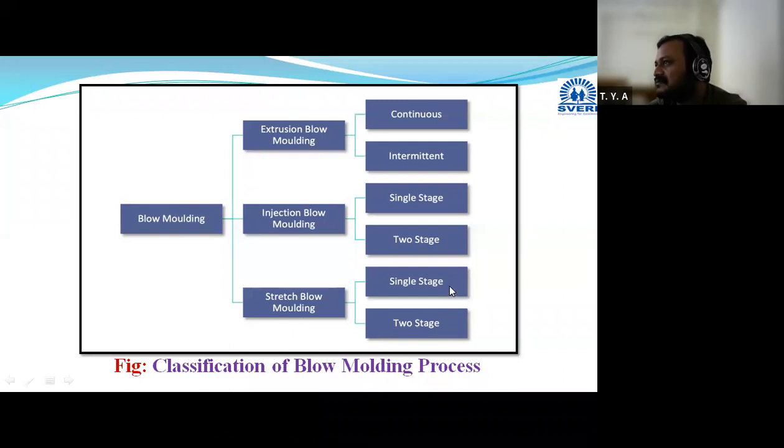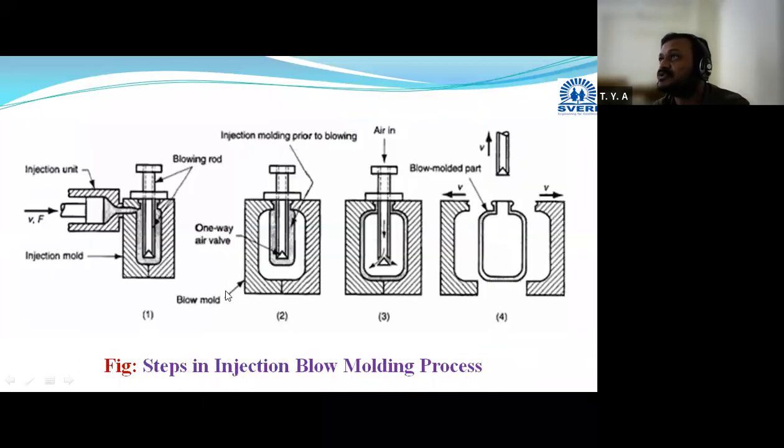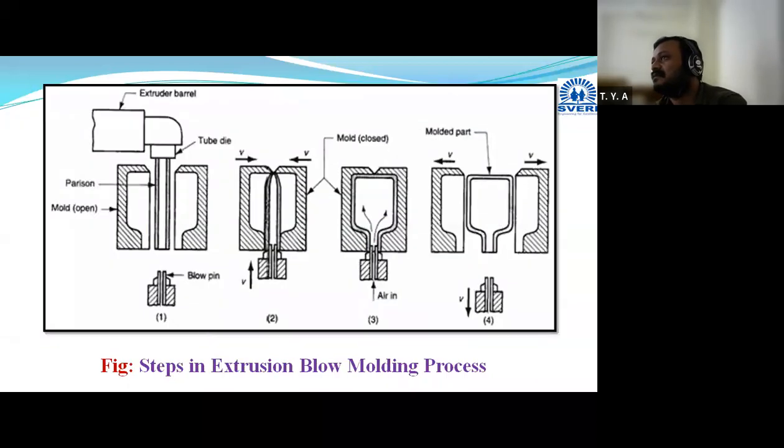Now, I will explain these three types: extrusion, injection, and stretch blow molding process. First, we will go with the extrusion blow molding process. Here diagrams are there. This is the extrusion blow molding process.